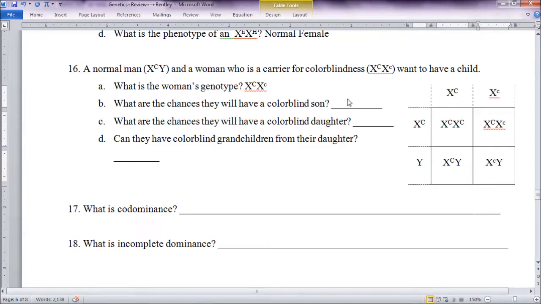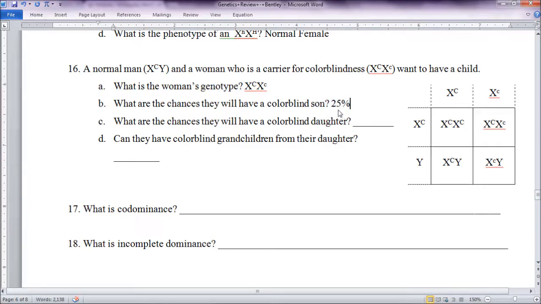So of any child born, it would be 25%. So let's see. Of the chances of a son, within that group of sons, what is the chance of being colorblind? Well, it doesn't say that this time. It says, what will the chance be that they will have a colorblind son? Of any children, it would be 25%.